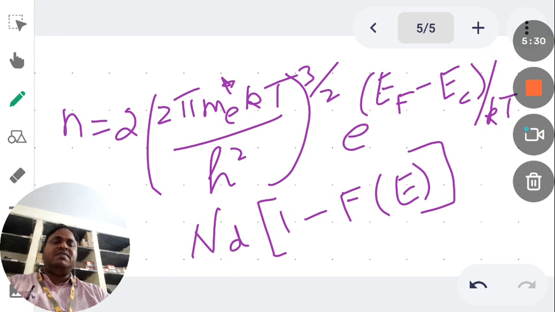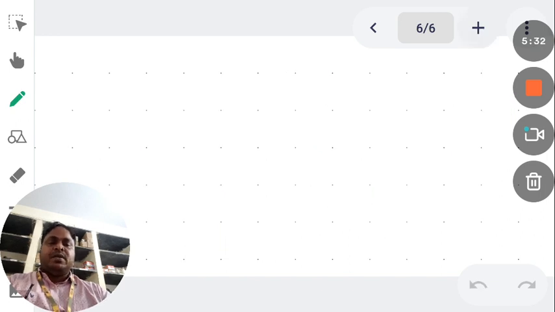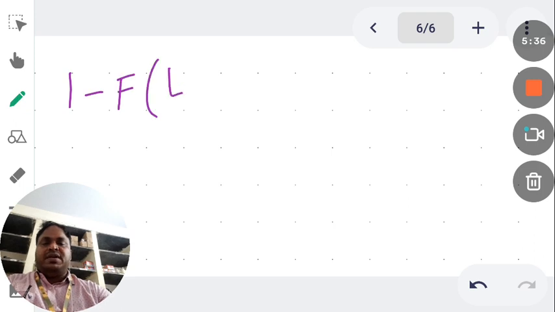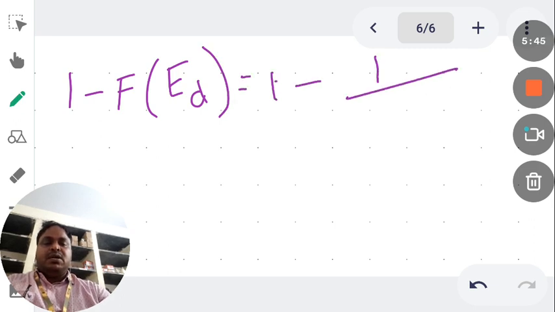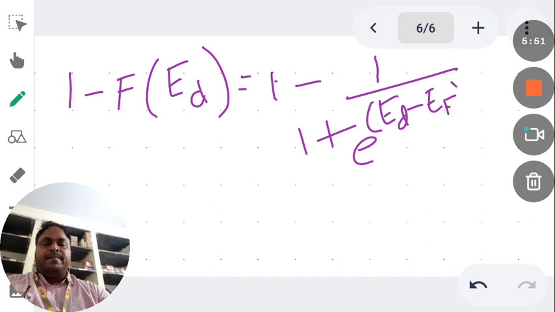First of all, let's deal with 1 minus F of E. So 1 minus F of E, you can make it as F of ED, right? So 1 minus 1 by 1 plus exponential power (ED minus EF) by KT.